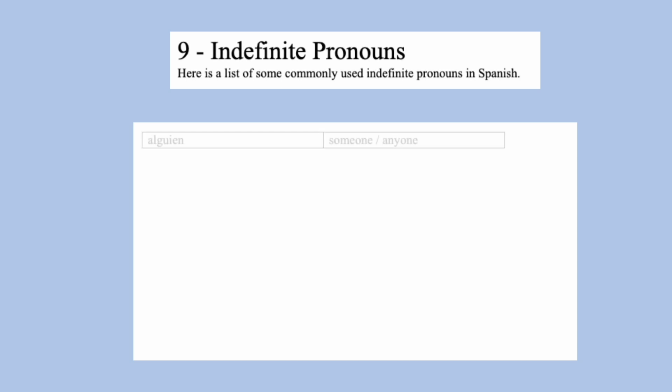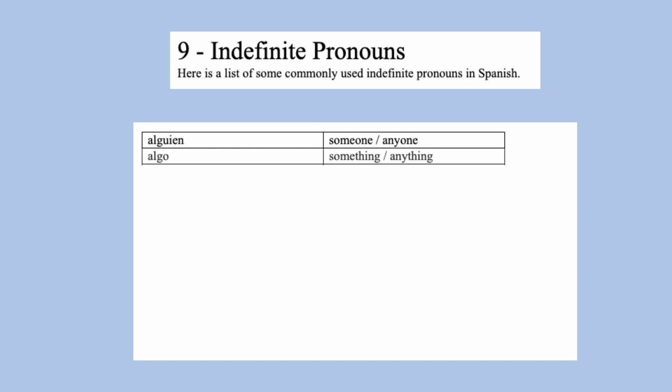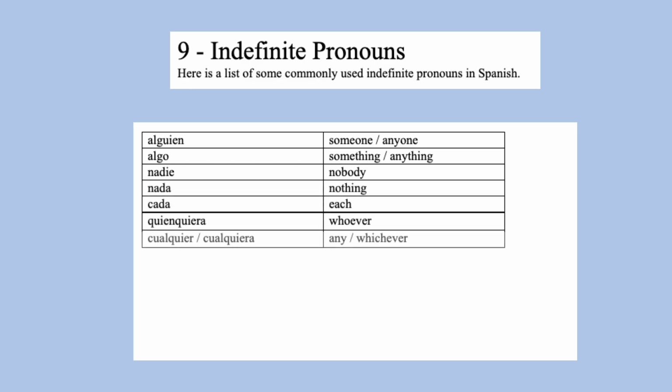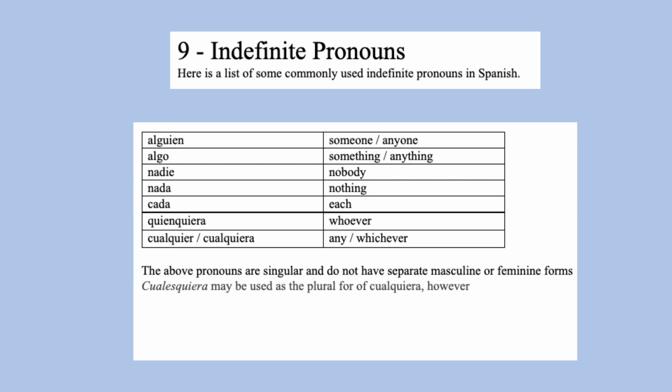And Unit 1, Lesson 2G on indefinite pronouns. Here is a list of some commonly used indefinite Spanish pronouns. These pronouns are singular and do not have separate masculine or feminine forms, but cualesquiera may be used as the plural for cualquiera.